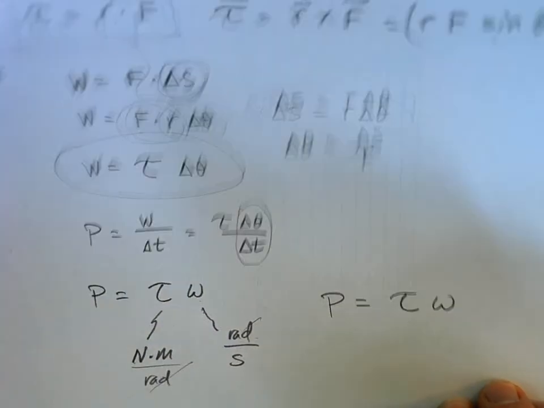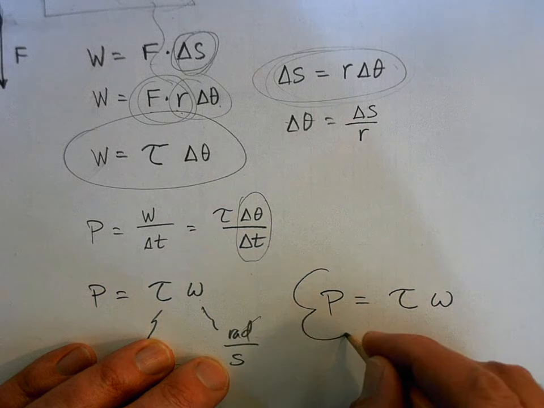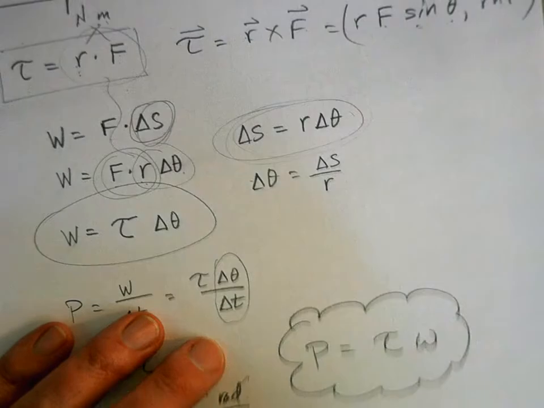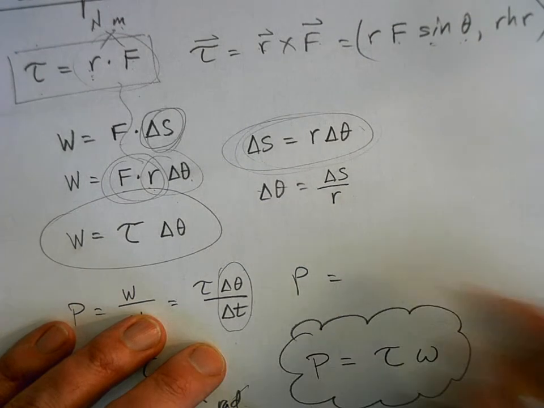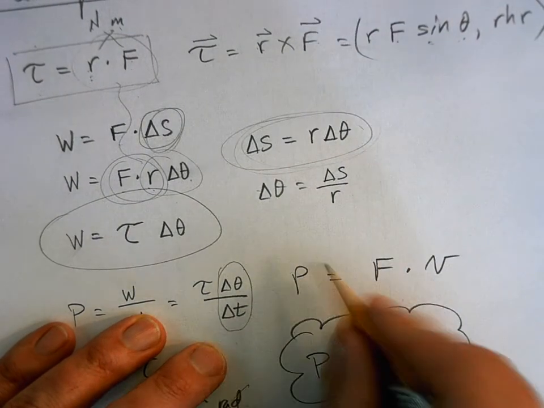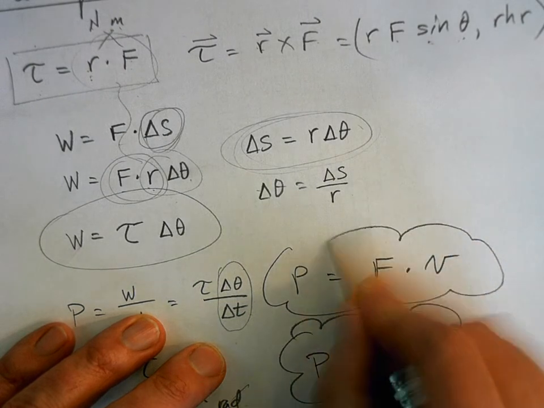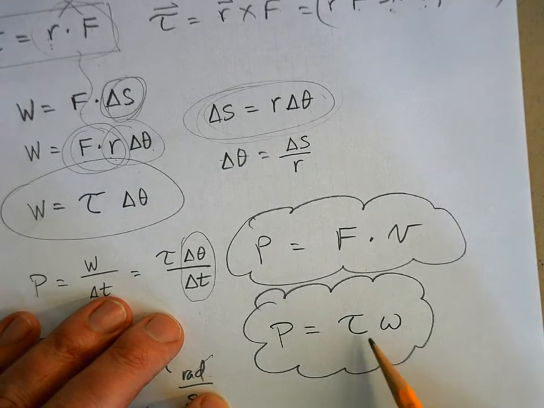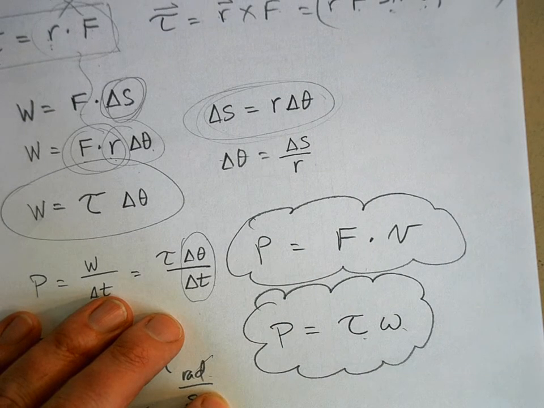So this is the basic equation that I wanted to get to today. We can say power equals force times velocity if we're dealing with a linear system. But it equals torque times angular velocity if you're dealing with a rotating system.